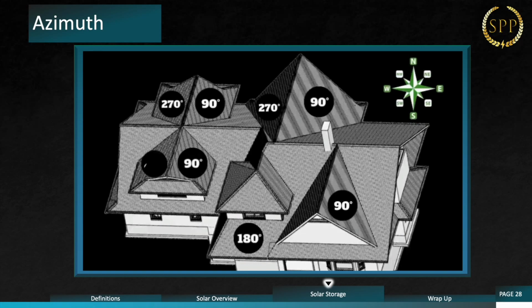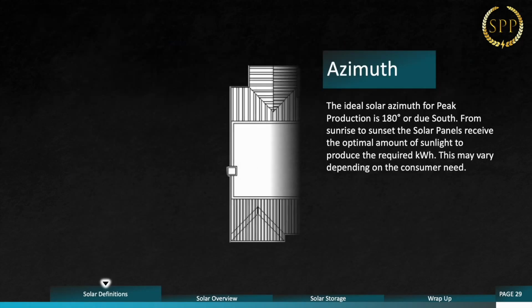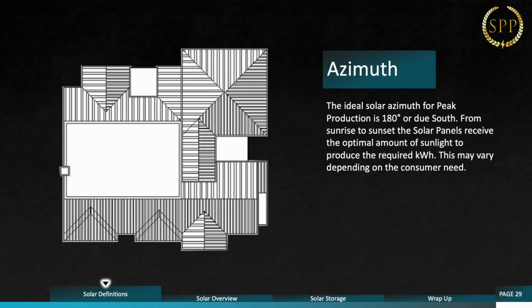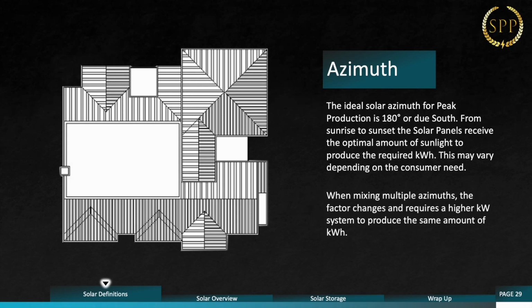So 180 is the south roof, east is going to be the 90 degrees, 270 is the west, and 0 is the north. The ideal solar azimuth for peak production is 180 degrees or due south. From sunrise to sunset, the solar panels will receive the optimal amount of sunlight to produce the required kilowatt hours. This may vary depending on the consumer's needs.